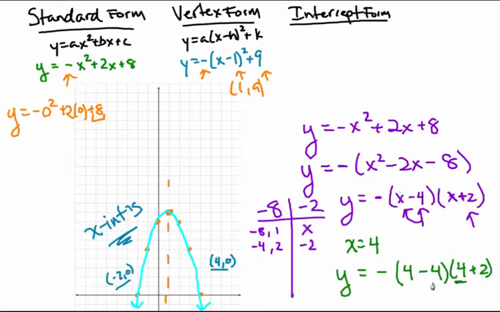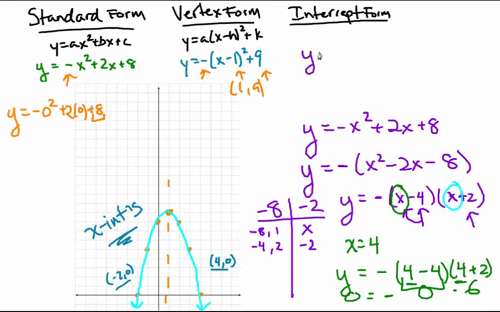I've plugged in a 4 for both of the x values. 4 minus 4 comes out to 0. 0 times 6 comes out to 0. And it doesn't matter if I make that negative, the whole thing comes out to 0. So if I plugged in a positive 4, the y value would become 0. And on the right here, if you plugged in a negative 2, the whole thing would become 0. So intercept form tells us where the zeros are, the values of x that would make y 0.